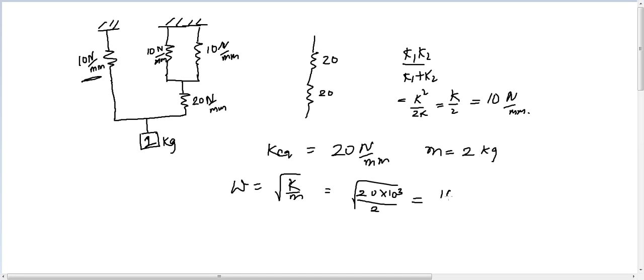This will give 100 radian per second. If we want to find this in terms of frequency in hertz, f is equal to 1 by 2 pi into 100, or 100 by 2 pi hertz, or cycles per second.